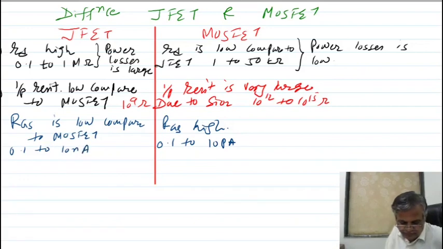In JFET it is low, though you can say it is high, but low compared to MOSFET.